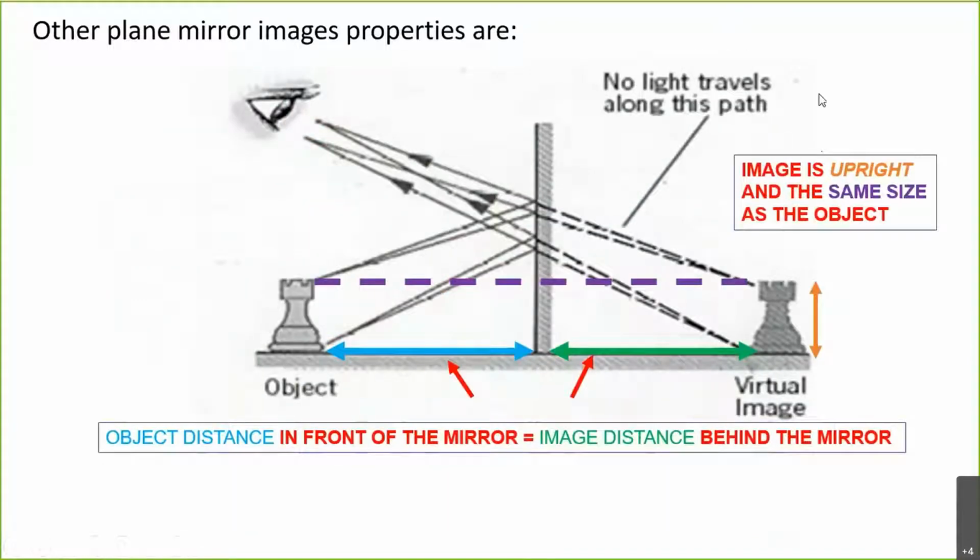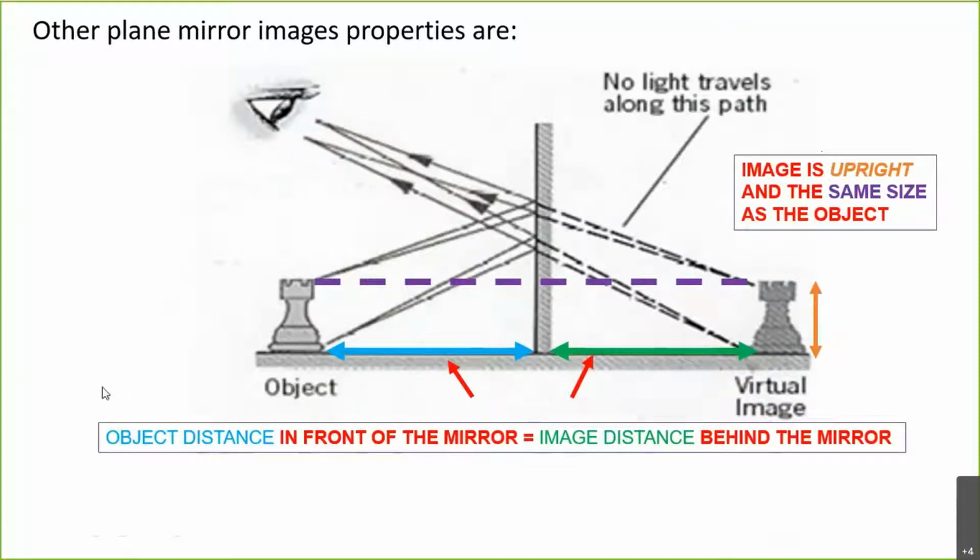All right. So some other properties of plane mirrors, besides the fact that they produce virtual images, are that the distance from the mirror to the object is the same as the distance from the image to the mirror. So object distance in front of the mirror is equal to image distance behind the mirror.